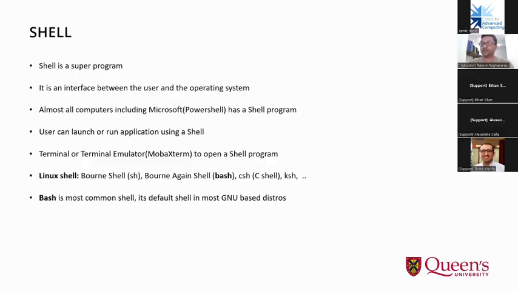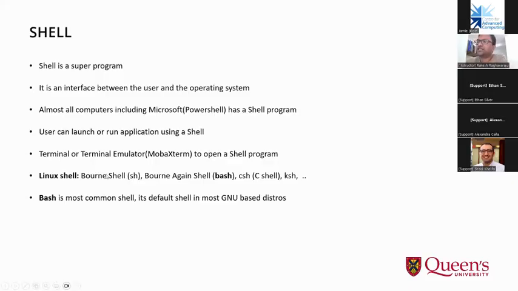And if you're using Microsoft Windows, there is another shell program called PowerShell, which is a more recent addition compared to what we have in Linux. Apart from that, you can either use a terminal to open a shell program, or you can use terminal emulators, which give you the interface that you need, similar to a Linux or Unix terminal.